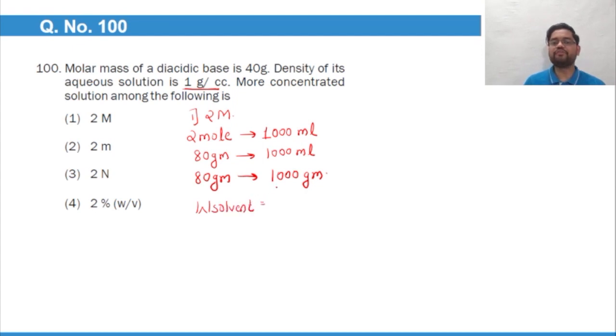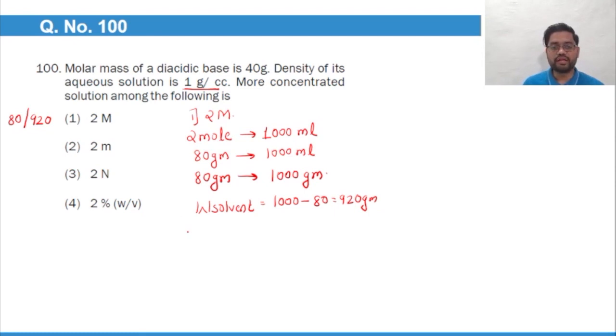Weight of solvent will be 1000, that is weight of solution, minus 80, that is weight of solute, that is equal to 920 gram. So with this analogy, for 2 molar, 80 grams is present in 920 grams.